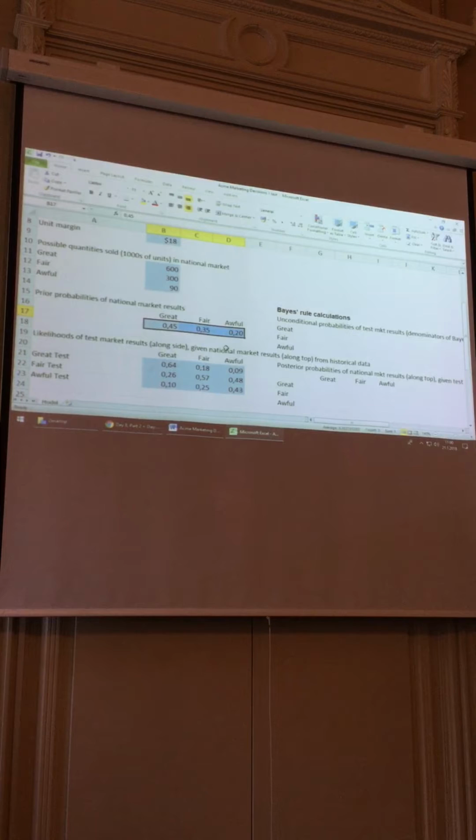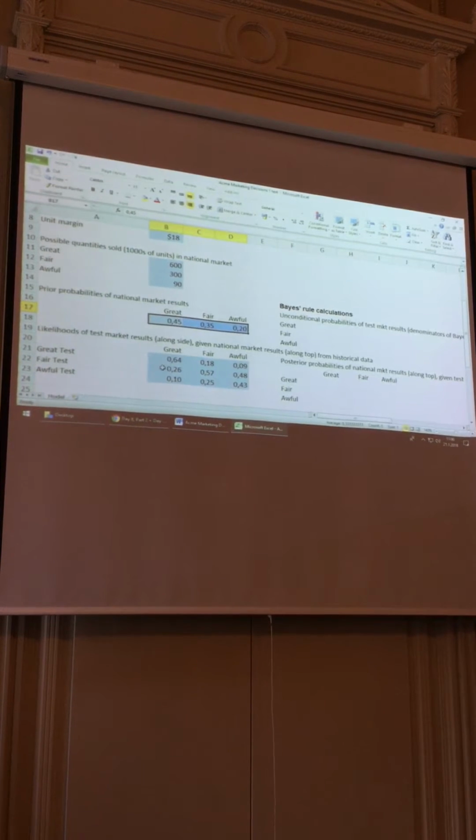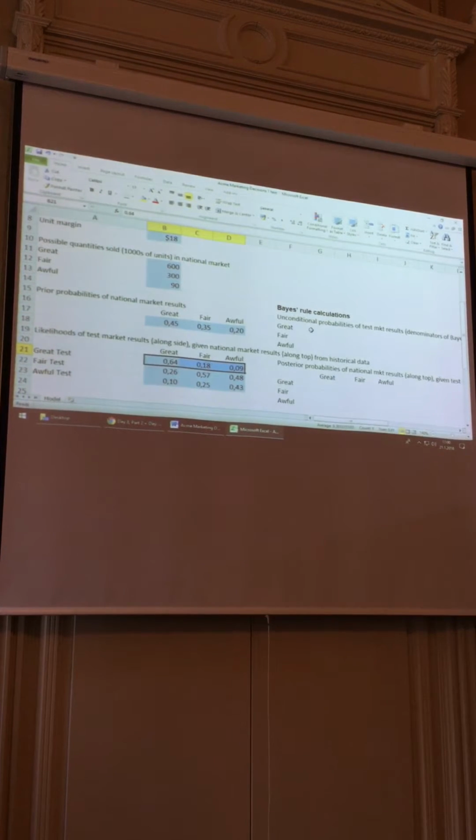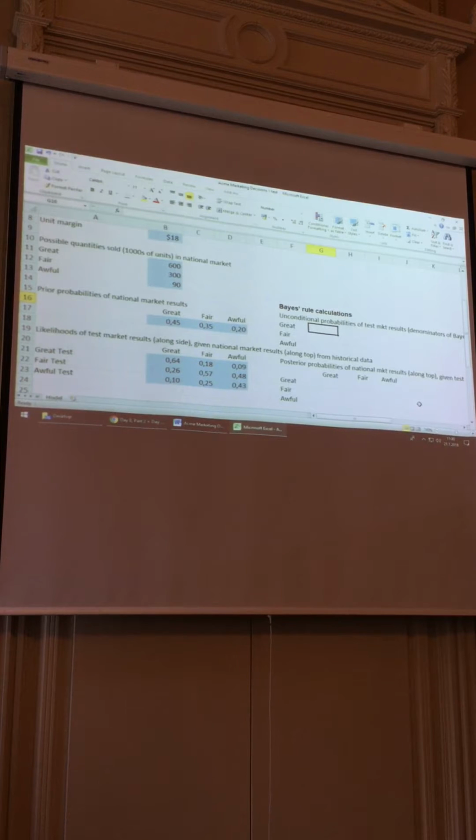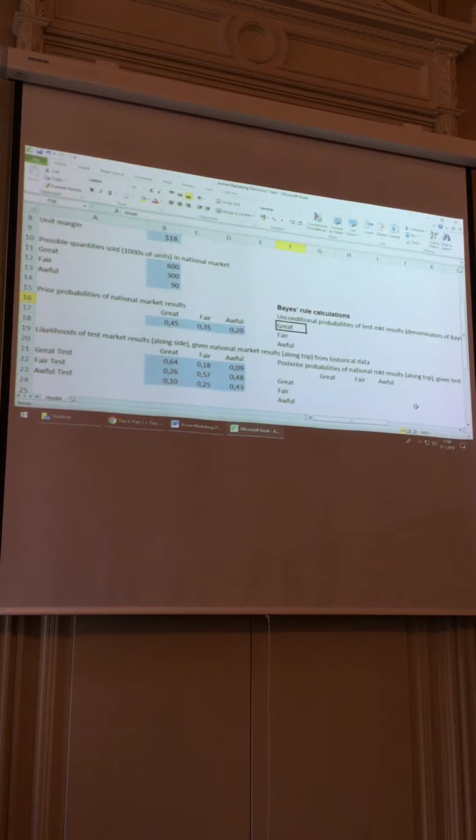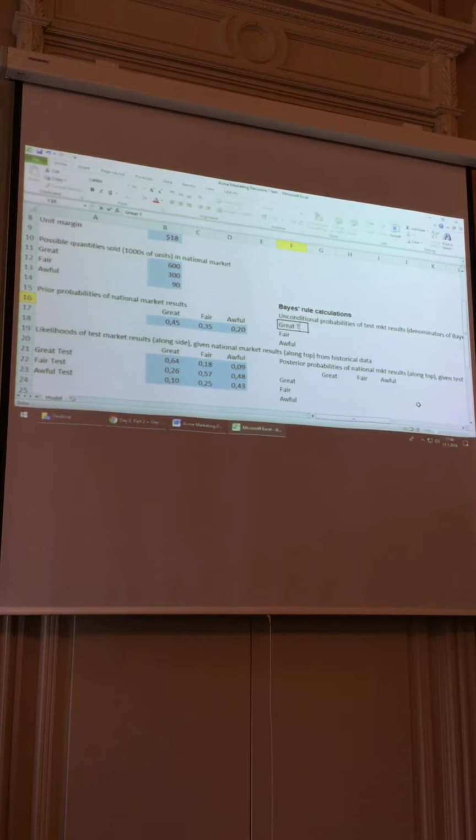So we can take this range and sum product it with this range, and we'll get the probability of having a great test. So I'm going to relabel this too: great test, fair test, awful test.